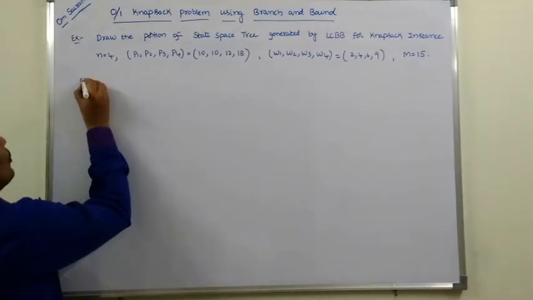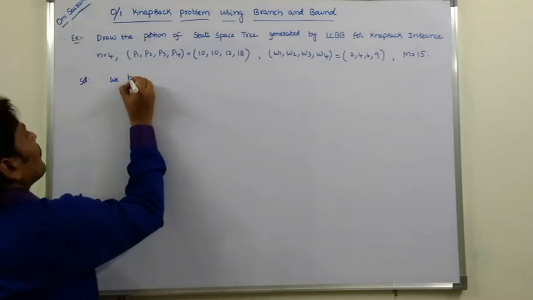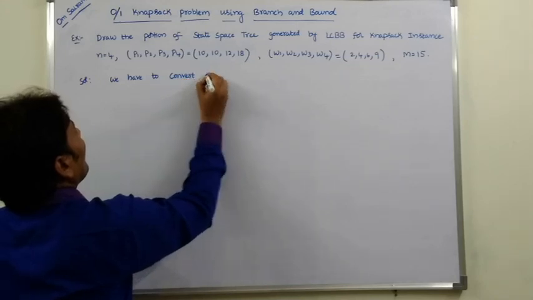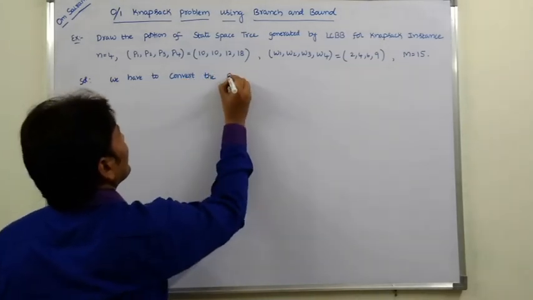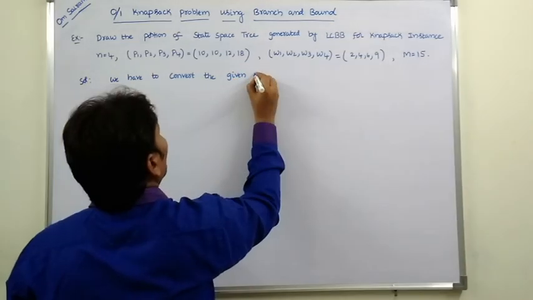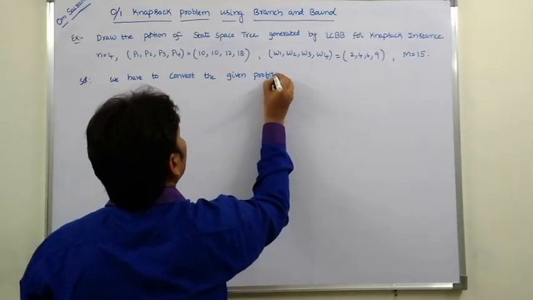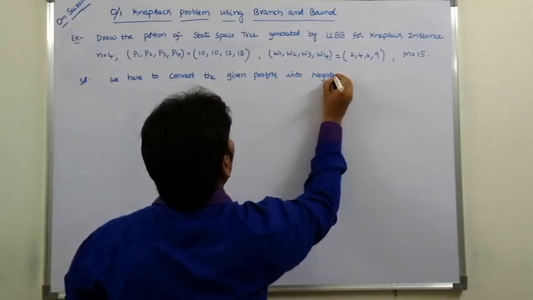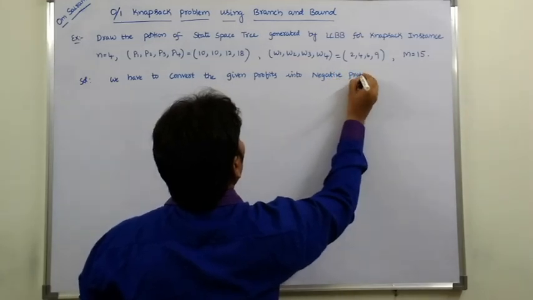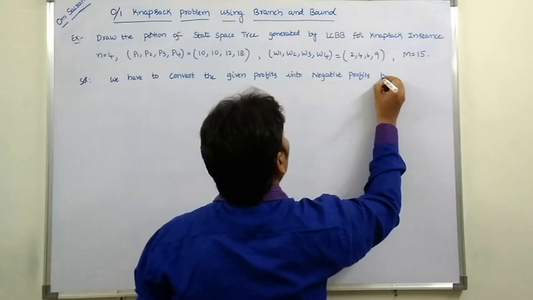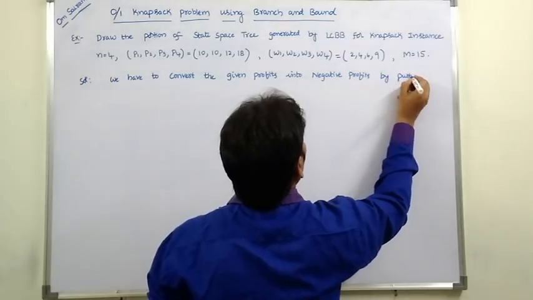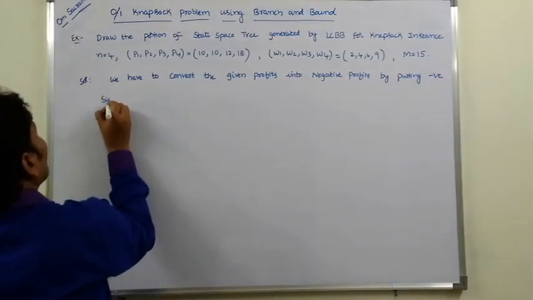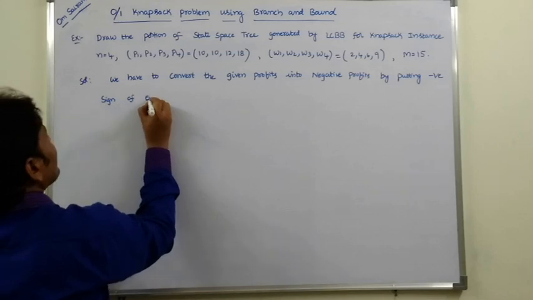So first we have to convert the given profits into negative profits by putting a negative sign of each and every profit.